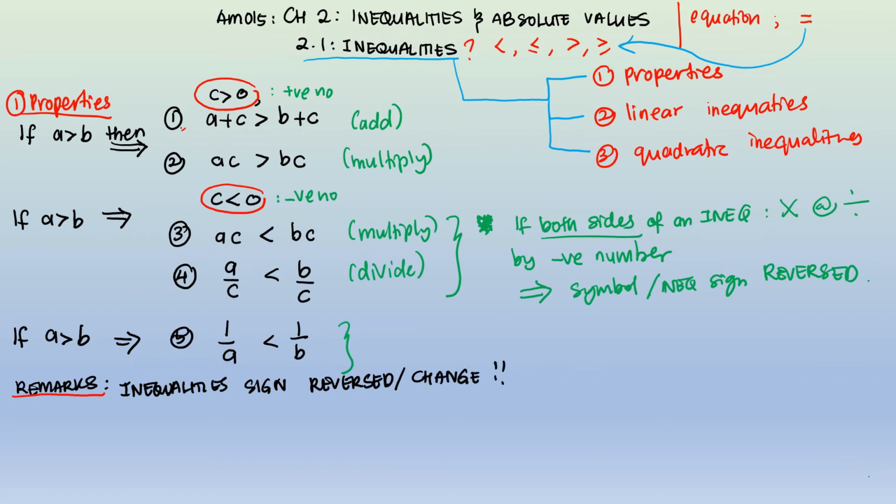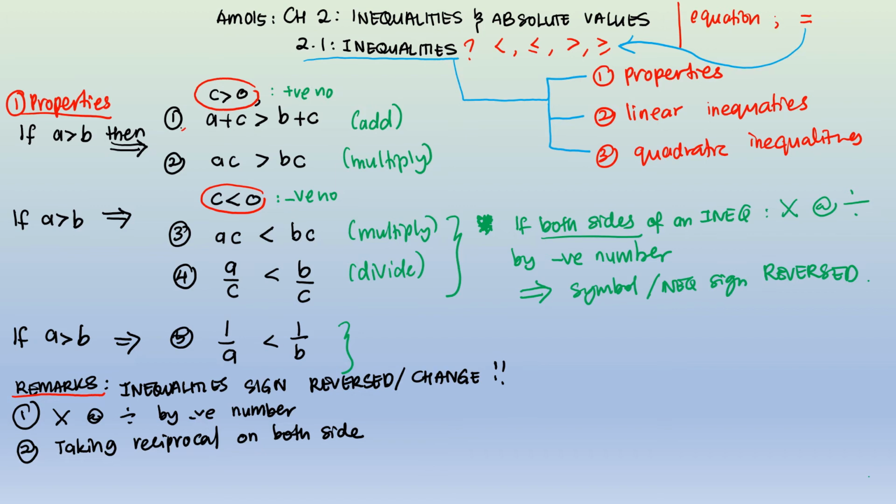Number 1, the one that we learned here: when you multiply or divide by a negative number, the symbol will change. Number 2, when you take the reciprocal on both sides.